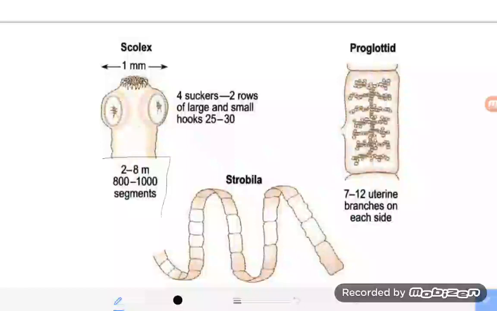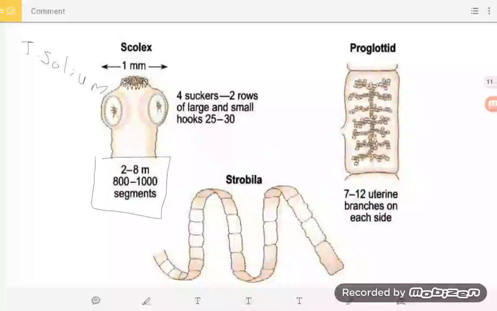The length is 2 to 8 meters, and the number of segments is 80 to 1000 in Taenia solium. The gravid proglottids contain 7 to 12 uterine branches on each side. Counting both sides, we can count more than 7 and less than 12.